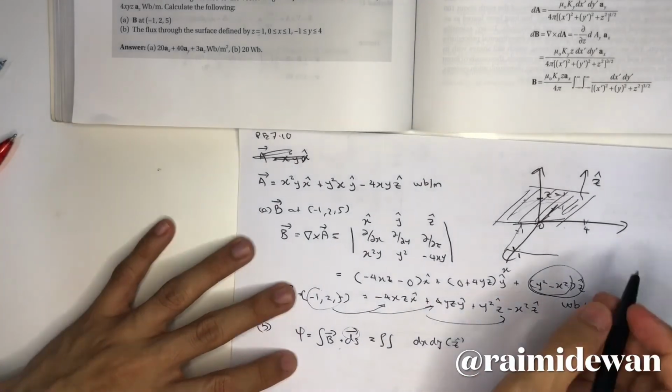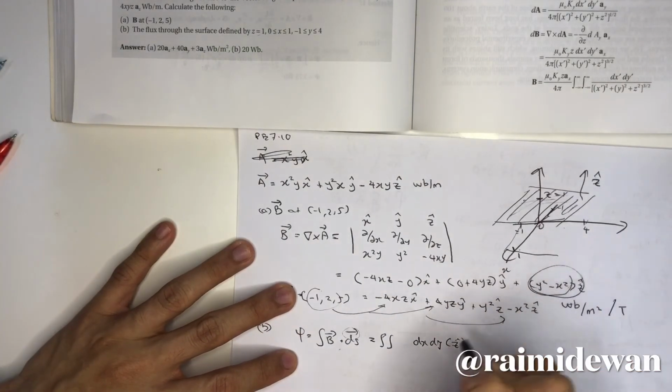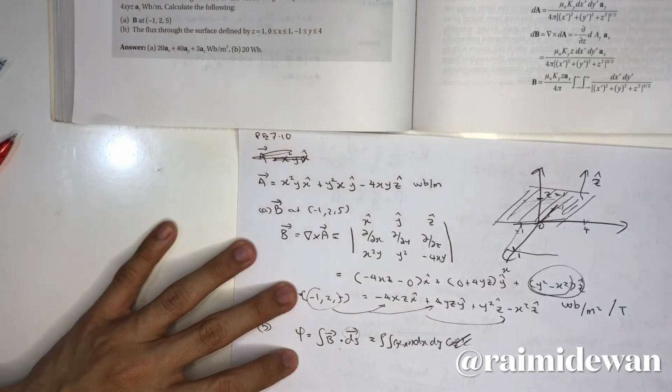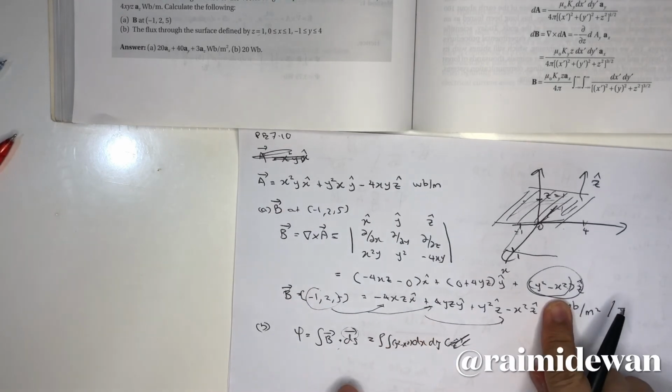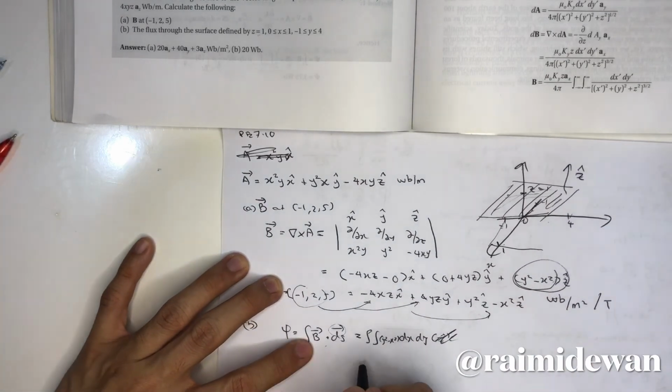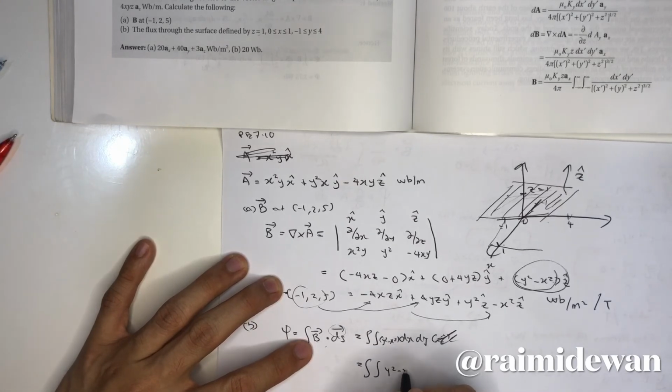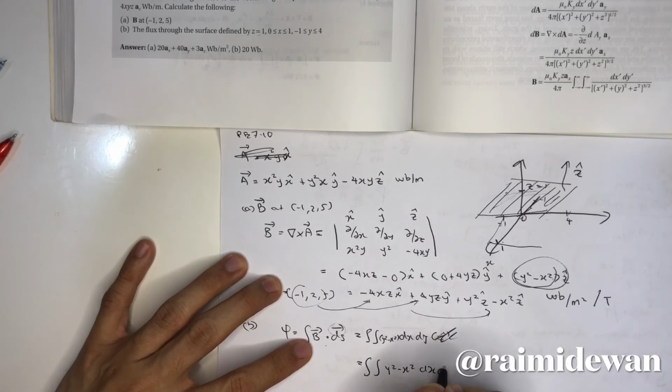Because we know that is the similar direction, we just take it, so we will have y square minus x square. Then we implement the limits: y square minus x square dx dy.